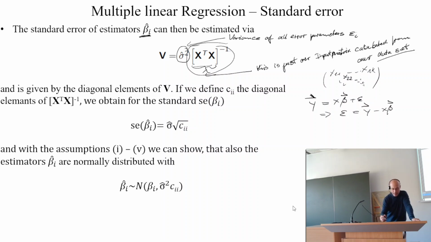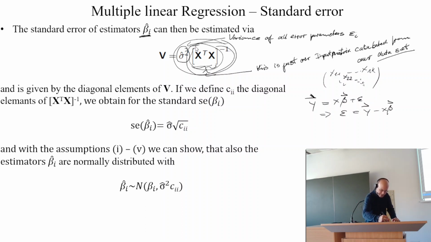And if we want then the explicit errors for every single parameter, so the standard error, then we just take, so to speak, the square root of this formula, but now only taking the diagonal elements.